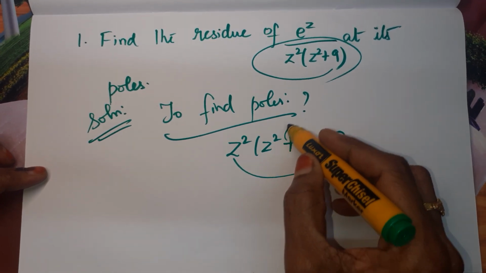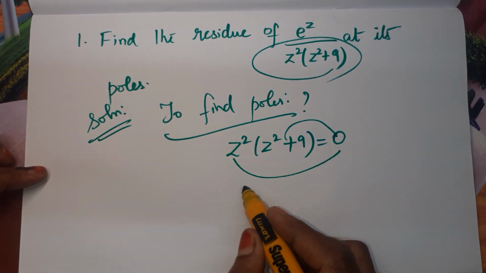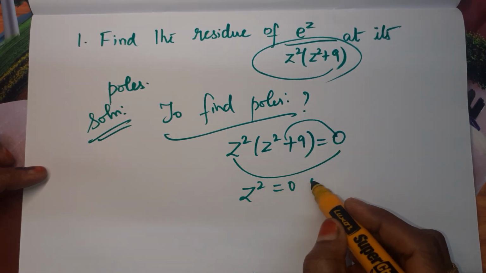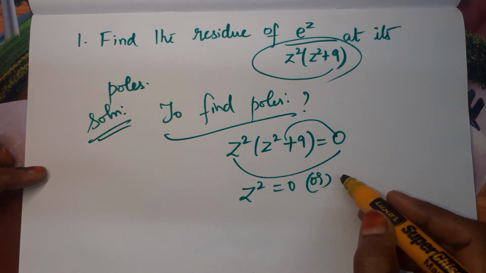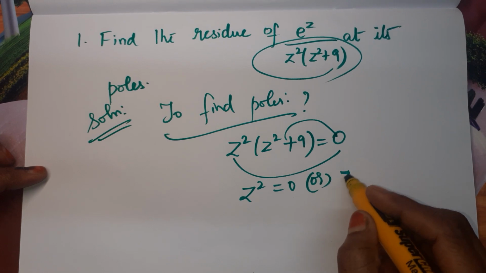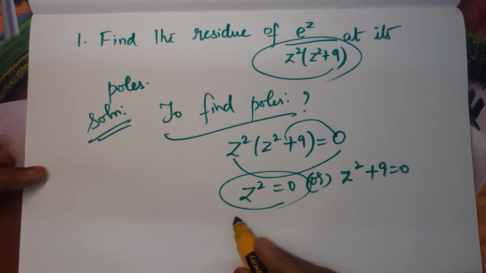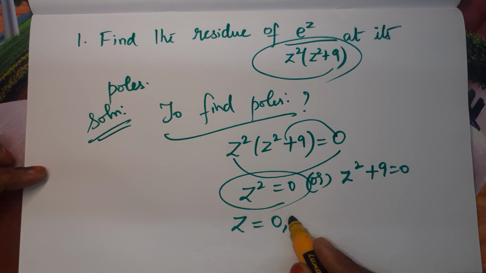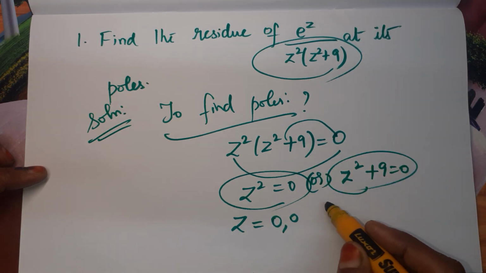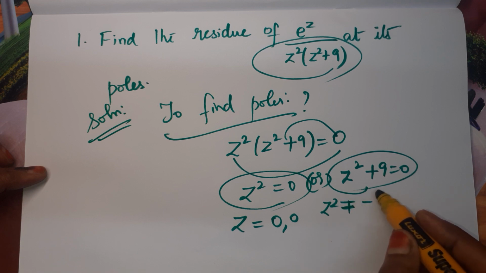Equating this term to 0 means z squared equals 0 or z squared plus 9 equals 0. A product of two terms equal to 0 means any one term is 0. z squared equal to 0 has two roots, 0 and 0. z squared plus 9 equal to 0 means z squared is minus 9.